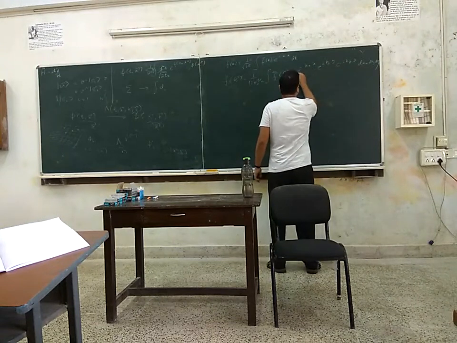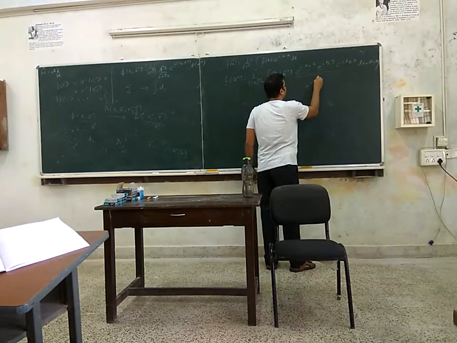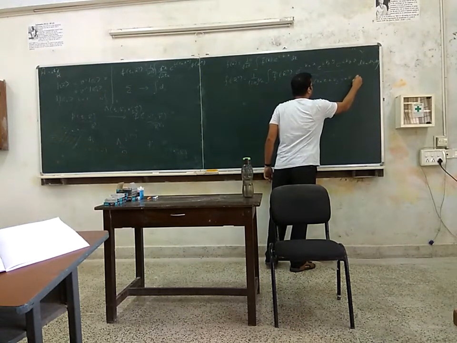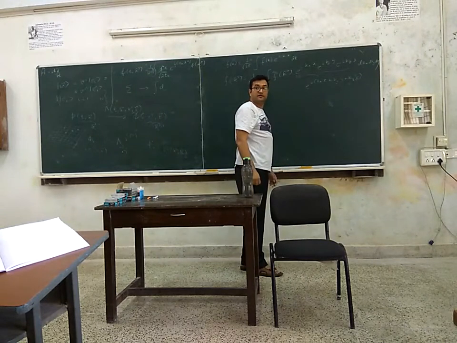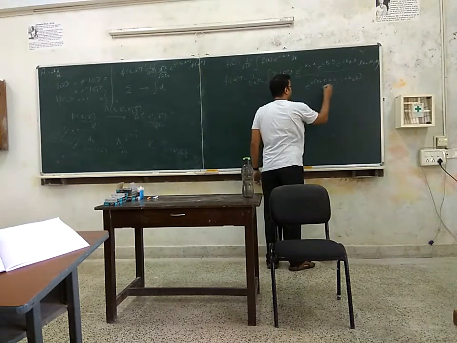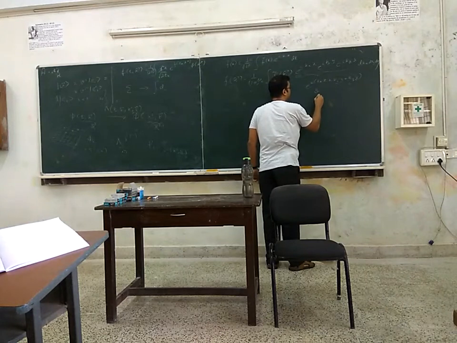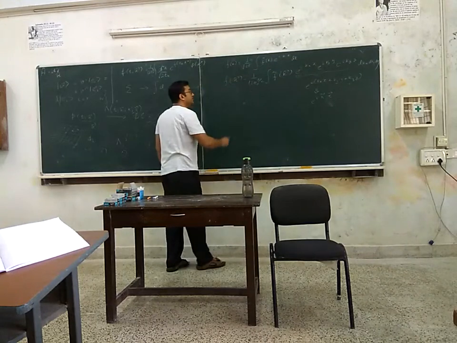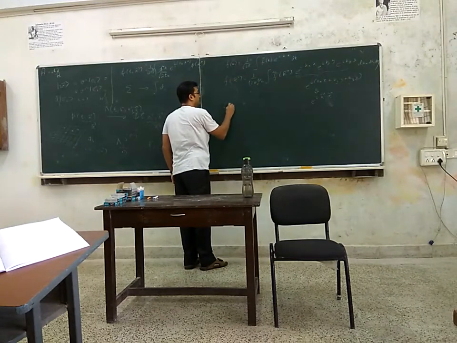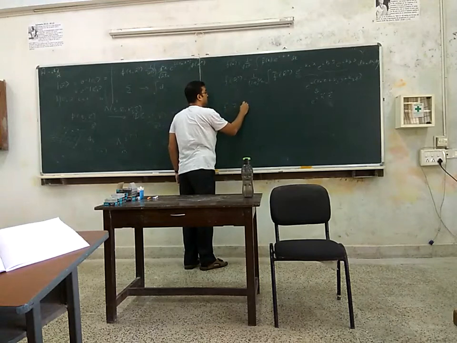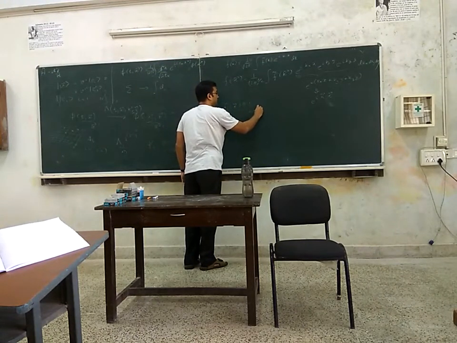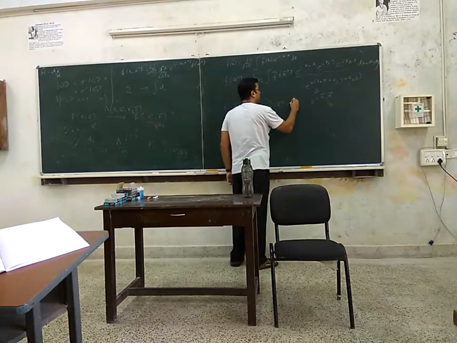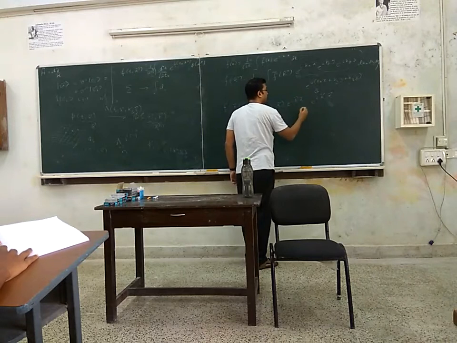Now this expression can also be written with everything in one exponential, in which case this becomes e to the i k dot x. So this will then be written as f of x equals 1 over 2 pi to the 3 by 2, integral of f of k, e to the i k dot x.